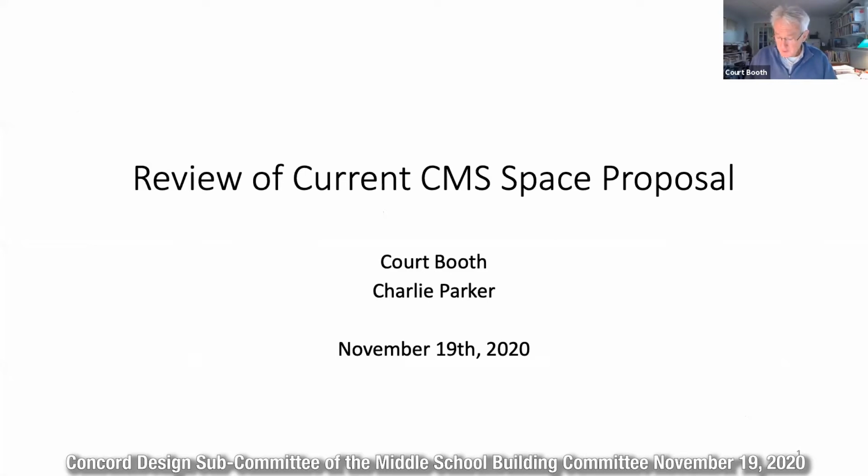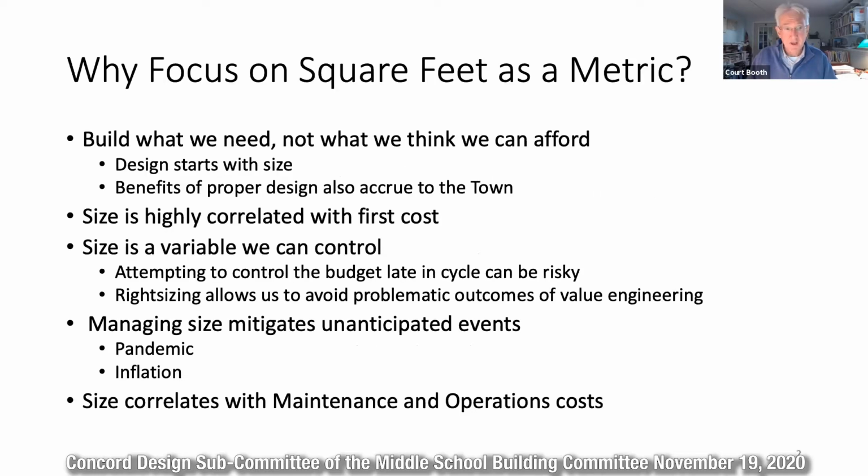So again, Charlie and I tried to look at the data that we thought we had in hand to ask ourselves, what could this yield by way of an understanding? And so we know there's a lot we don't know, but what we do know is square footage.